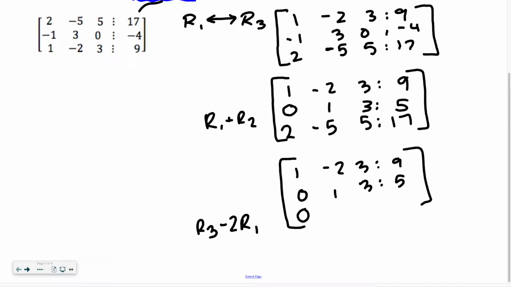Negative 5 minus 2 times negative 2, that would be plus 4. Negative 5 plus 4 is negative 1. 5 minus 2 times 3 would be 5 minus 6, negative 1. And 17 minus 2 times 9, that would be 17 minus 18, negative 1.